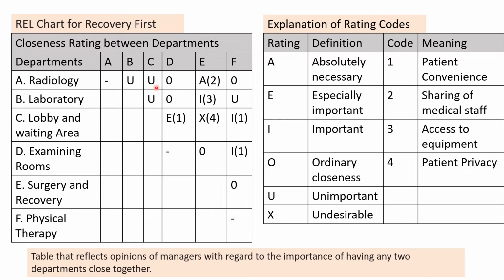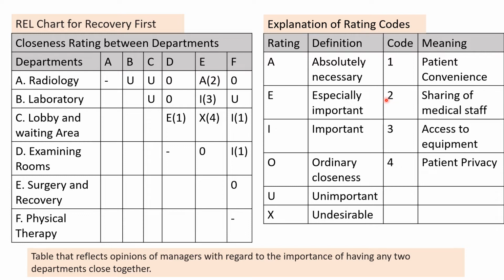The definition is just ordinary closeness. It's okay to be close, that means. And radiology with E means surgery and recovery. So radiology with surgery and recovery is absolutely necessary for sharing what? 2 means the meaning is for sharing of medical staff.